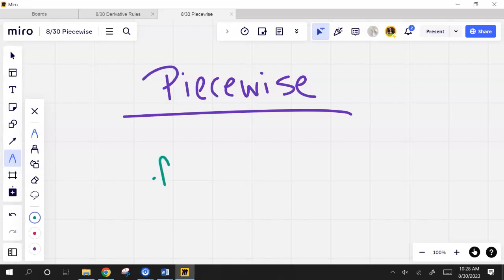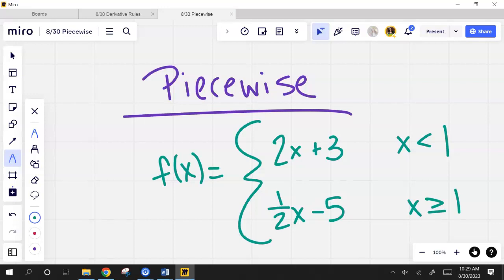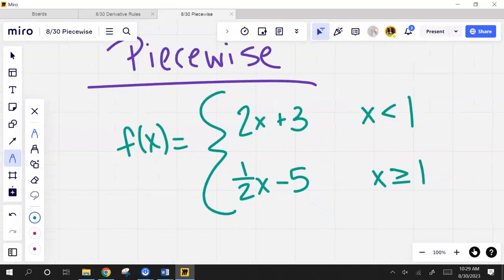This is what it looks like. This is an example, yeah. This is what piecewise looks like.